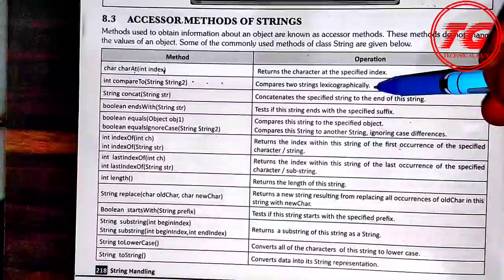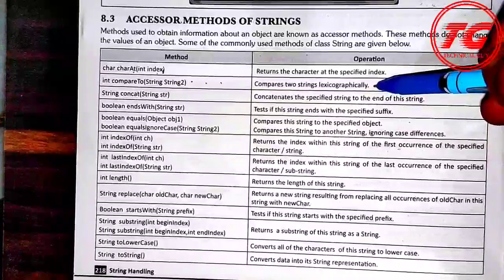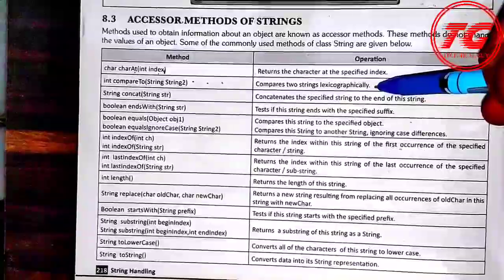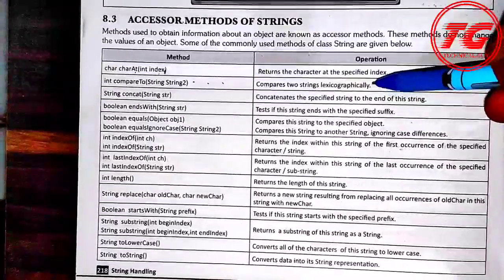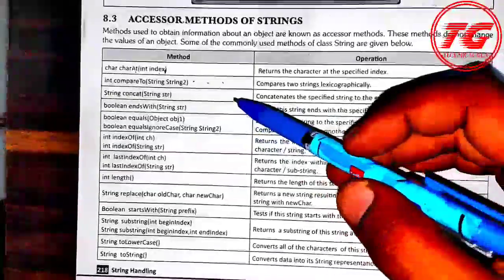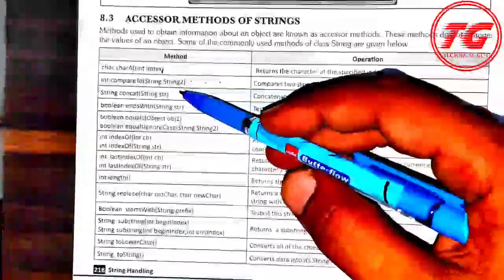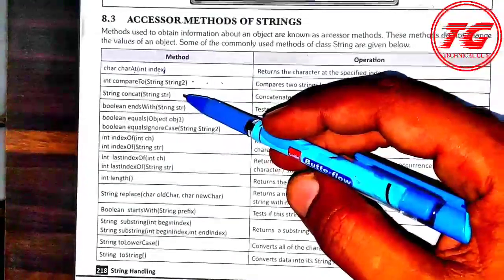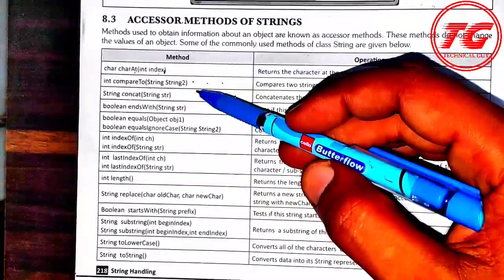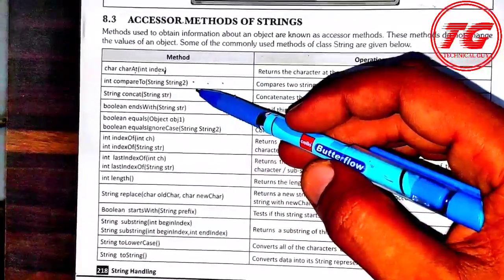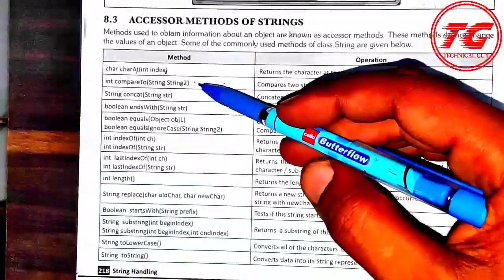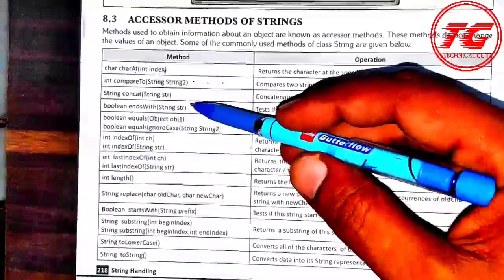All the characters should be equal case wise, and the length of both strings should be equal. That is called lexicographically. If string 1 is greater than string 2, it returns a positive value, and if string 1 is less than string 2, it returns a negative value.